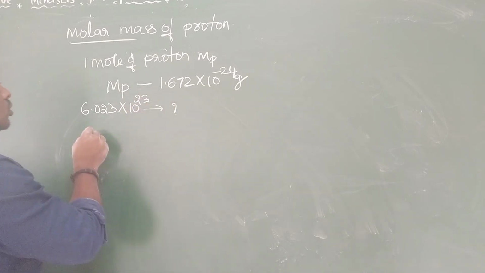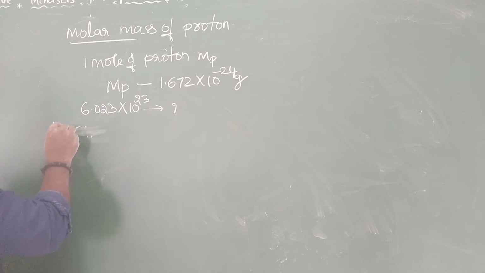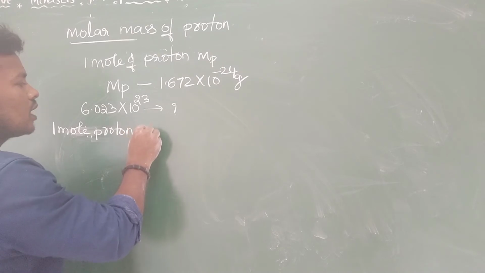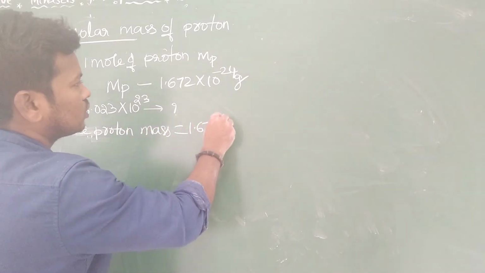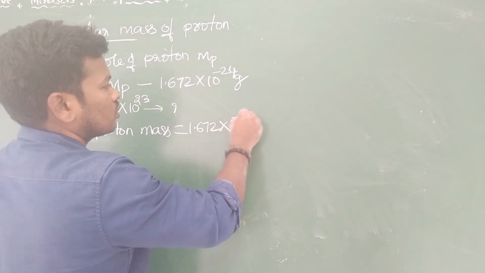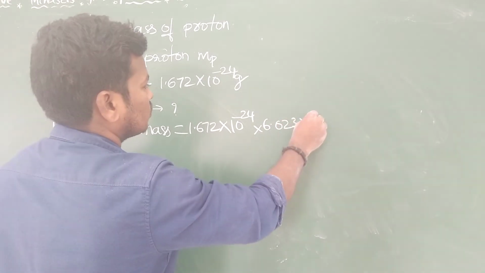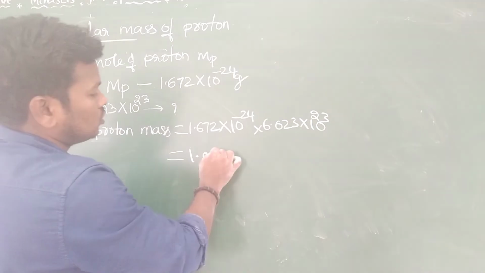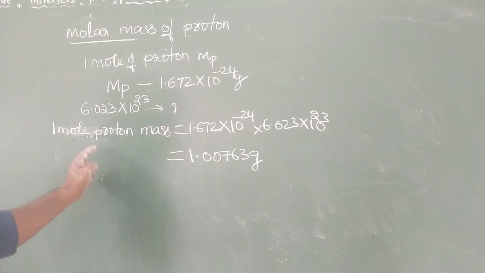So the mass of 1 mole of protons is 1.672 into 10 to the power of minus 24 times 6.023 into 10 to the power of 23, which is approximately 1.007 grams. So this is the mass of 1 mole of protons.